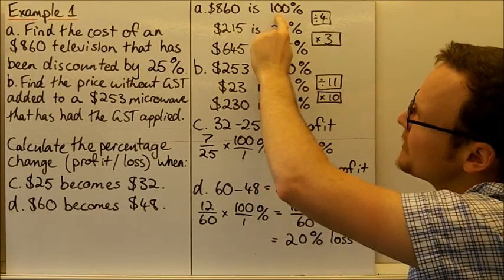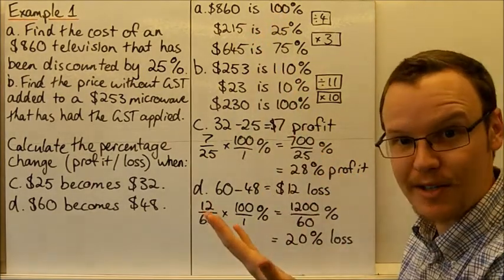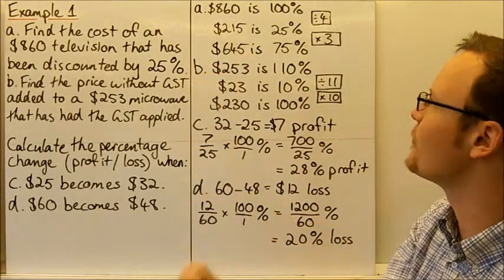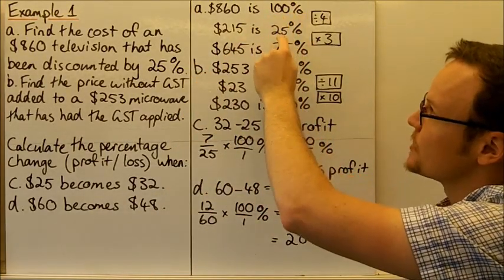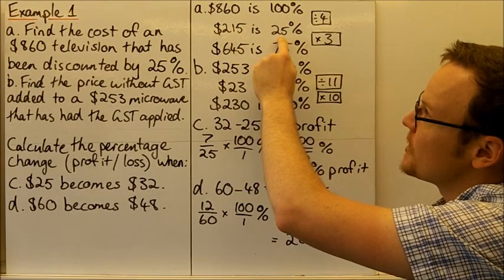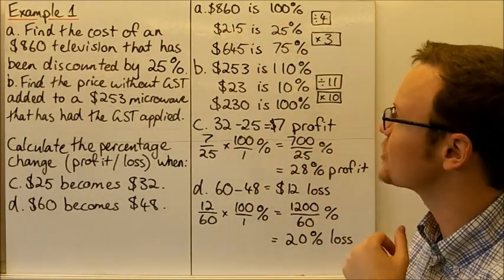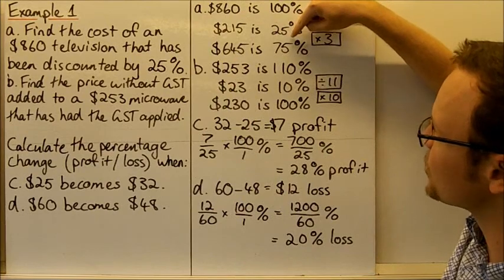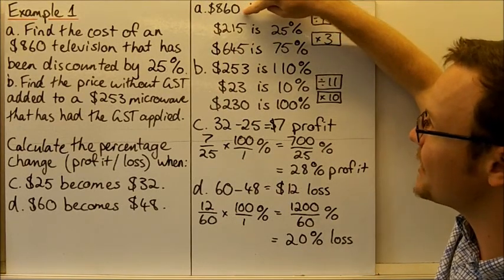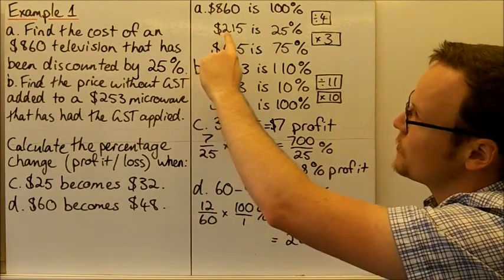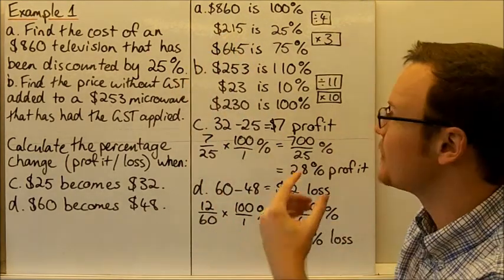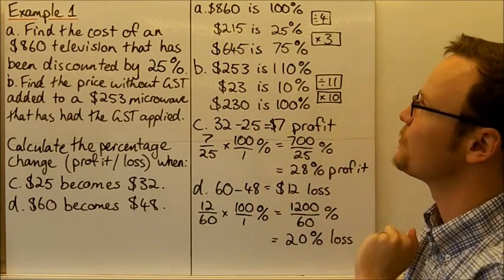So we need to break this 100% up into chunks, divide it into a chunk that we can easily multiply up by. I'm going to divide this 100% into 4 chunks, and each chunk's going to be 25%. So how much is each of those chunks? Well, I can divide this by 4 to get 25%, and I can divide 860 by 4, and I get $215. So $215 is one of our chunks, one of those units, and it's 25%.